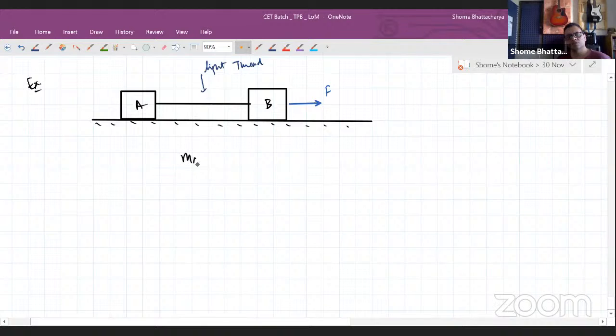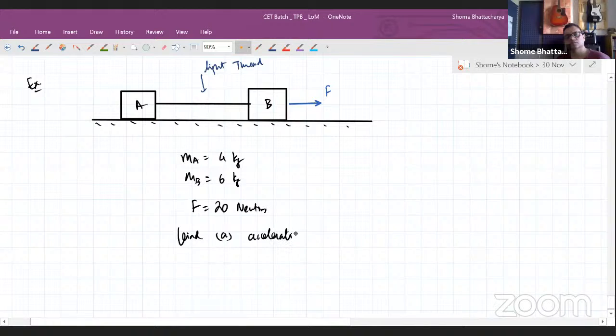So given the mass of the block A is 4 kgs, mass of the block B is 6 kgs, and the force F is 20 newtons. We have to find the acceleration of the blocks and the tension in the string.